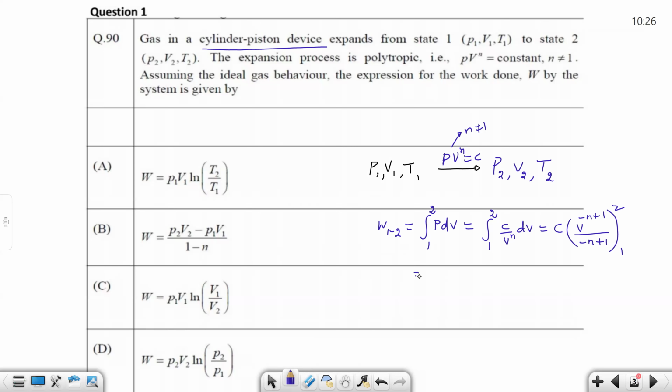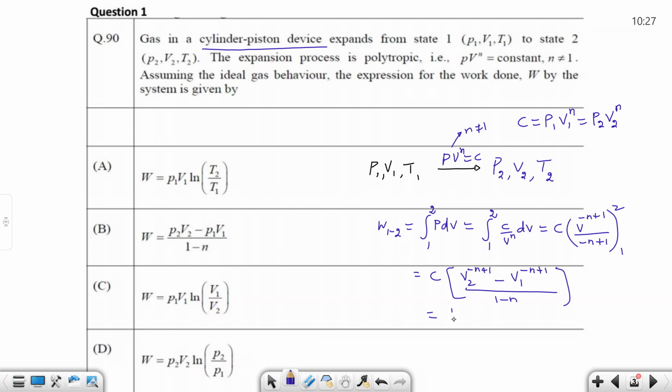You can write C as P1 V1^n or P2 V2^n. So this will be C into V2^(-n+1) minus V1^(-n+1) by 1 minus n.